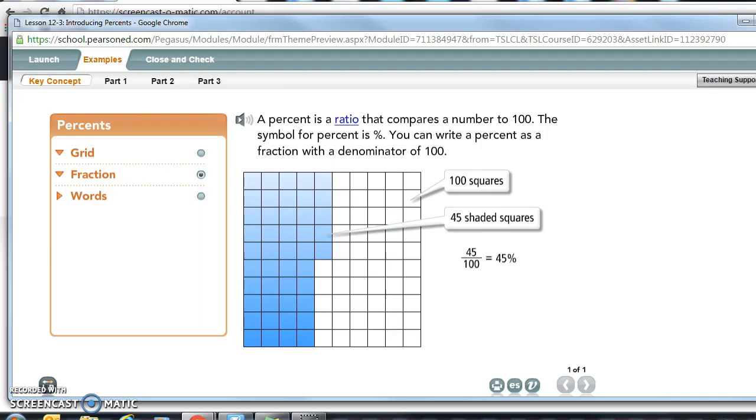The fraction 45 100ths is equal to 45%. 45 out of 100 equals 45%. Again, remember 100 is always the number that is being compared to your percent. So 45% is equivalent to 45 over 100.